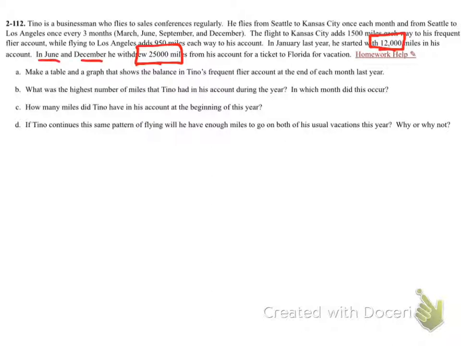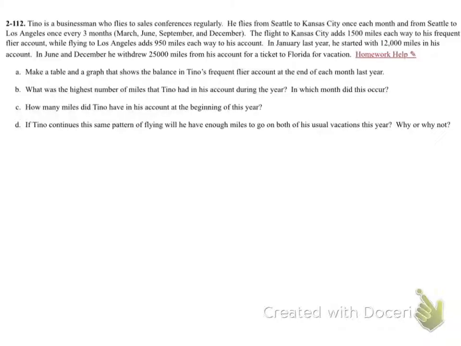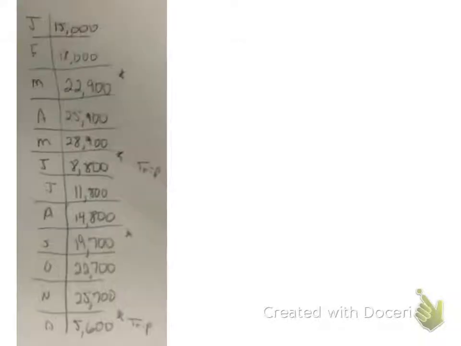So the very first problem wants to take a look at this with a graph and a table. So I'm going to make a table first so we know what to graph. Here's my table.